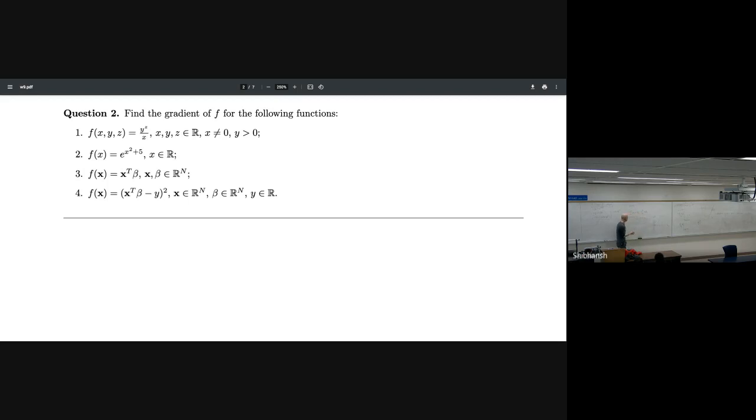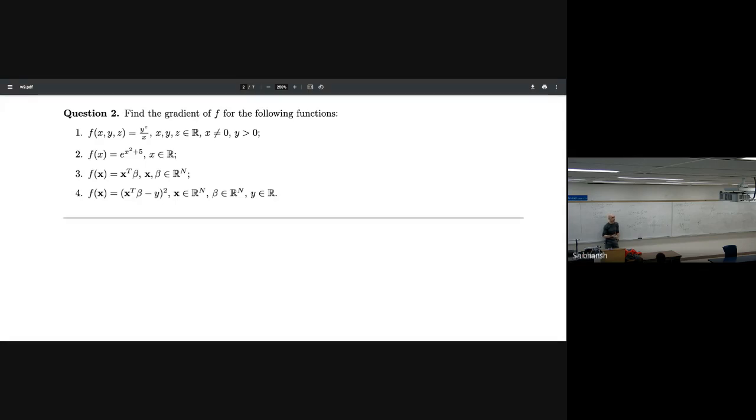So you need to collect all of this into a vector. And if you find that that thing is a continuous function, then you're done. You have the gradient. And this is constant, so it's continuous.